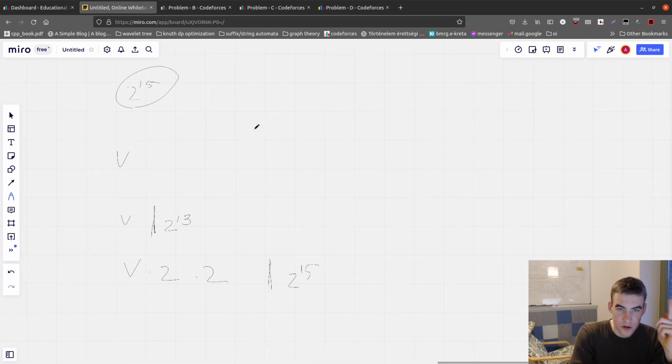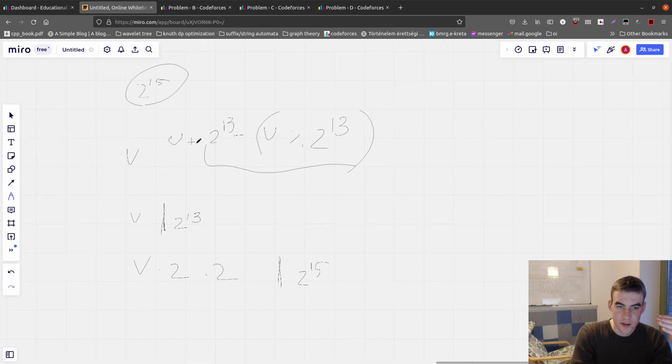And if v gives some remainder, so if v modulo 2 to the 13th, and this is 2 to the 13th minus v modulo 2 to the 13th, so the difference between its remainder and the number, if we take this difference and increase v by this, then v will be divisible by 2 to the 13th.